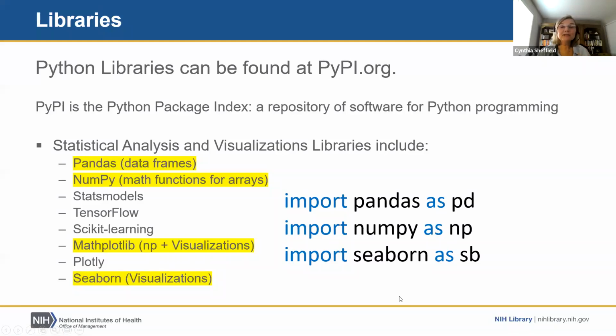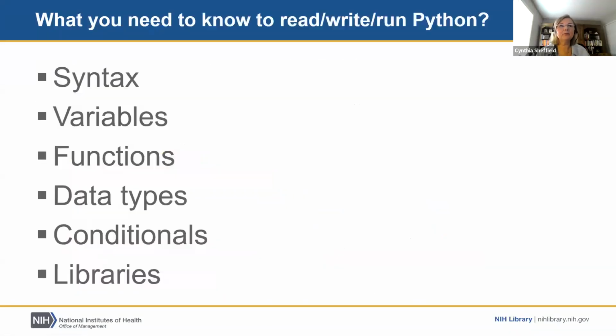And when you bring these libraries into your Python code, you simply type in a line of code that says import pandas as pd, so that you don't have to keep typing all 6 characters of pandas. It's really just these 2 characters. And it seems simple, and typing in 6 letters isn't a heavy lift, but actually knocking this down to 2 letters is a very smart idea. And you'll see why as you code.